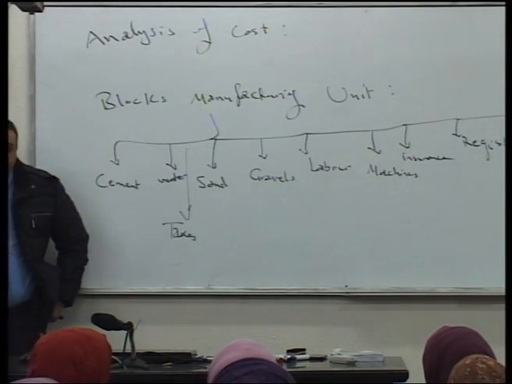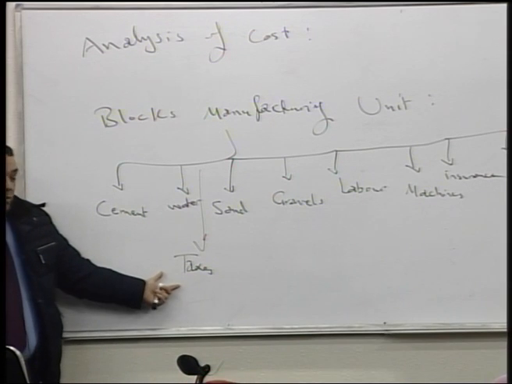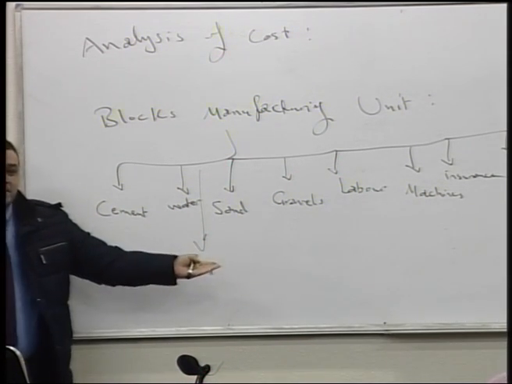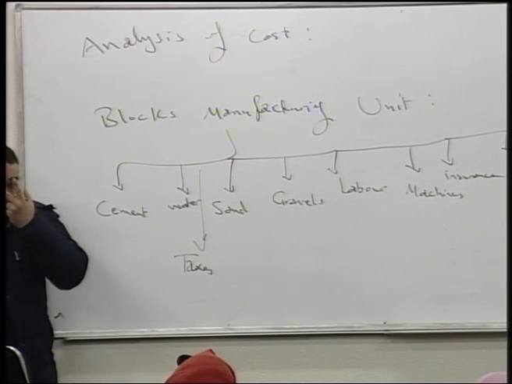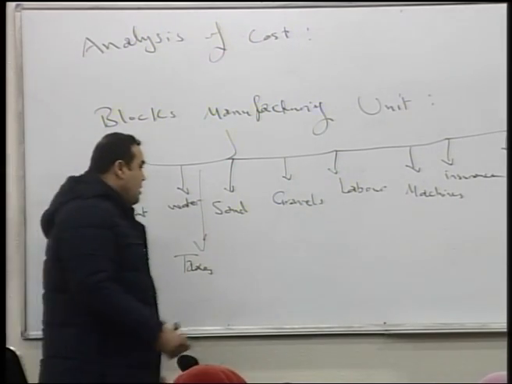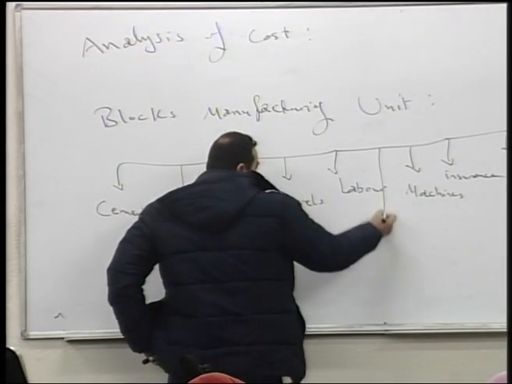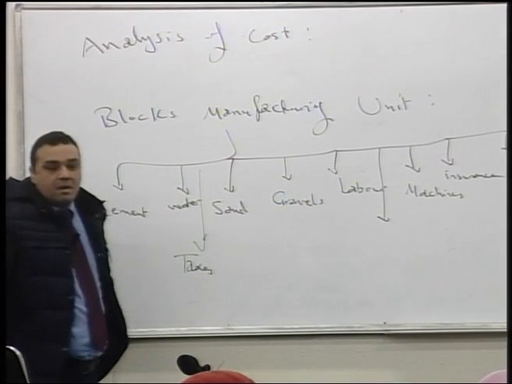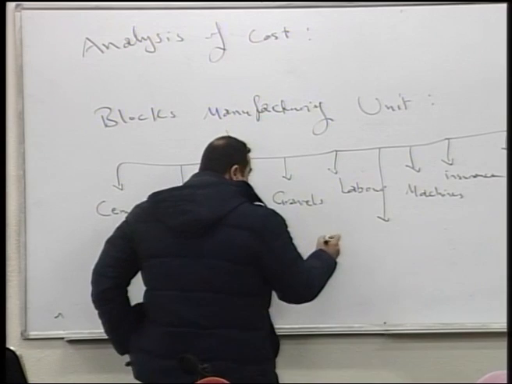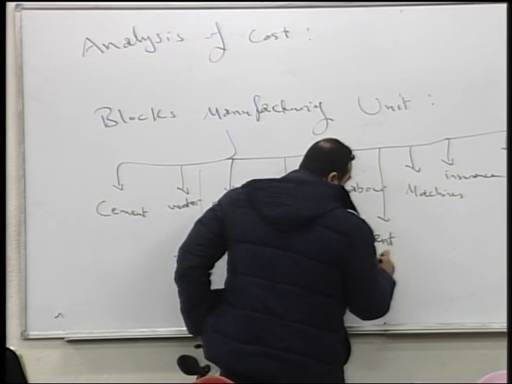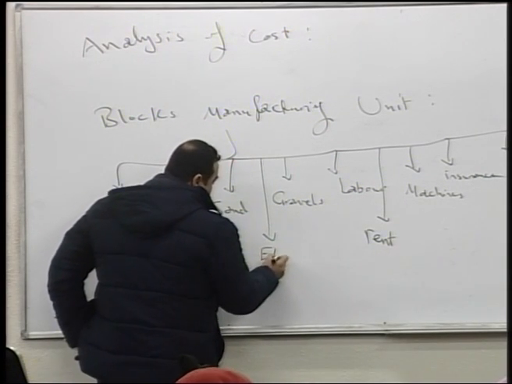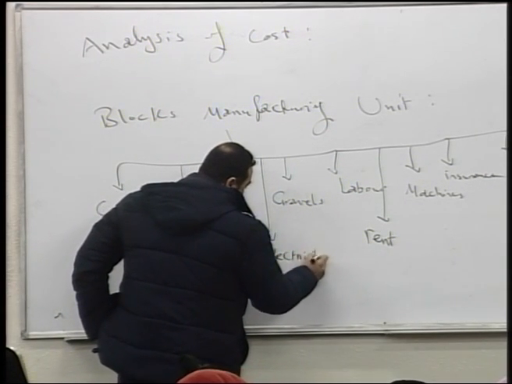We need also to pay for other types of cost, like sometimes we may rent the land, so we have to pay for rent. Electricity. Transportation.